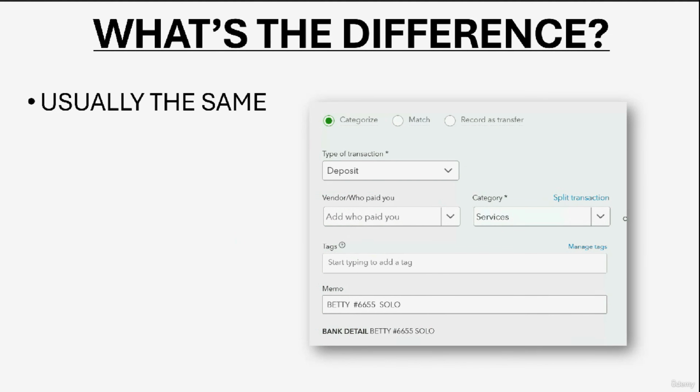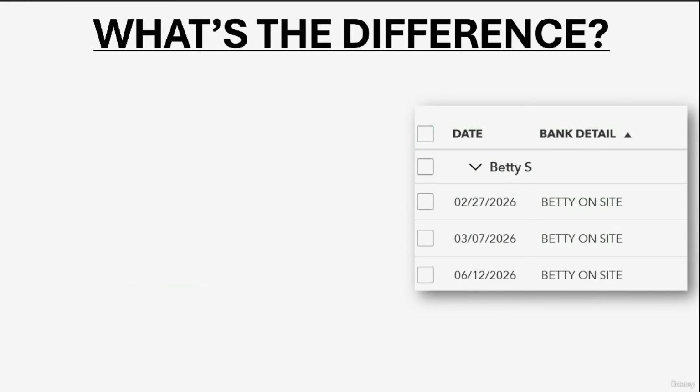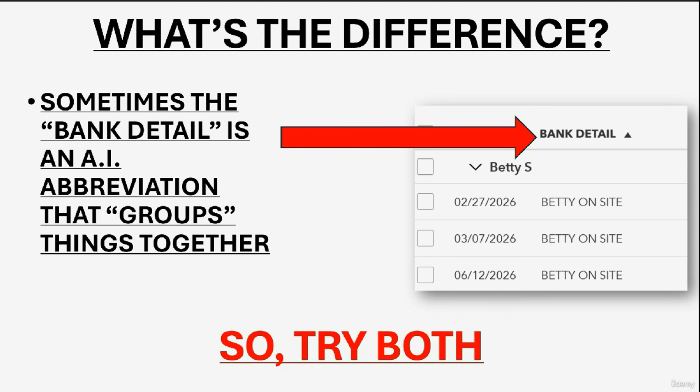Now, they're usually the same, but the actual description that downloads goes here in the memo field exactly as it downloads from the bank. But the bank detail, which is the text, the name of the column heading here, is sometimes the same, or sometimes it's an AI, artificial intelligence, that abbreviates the text that downloaded in order to group things together and to help you.